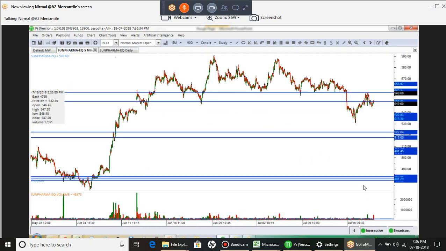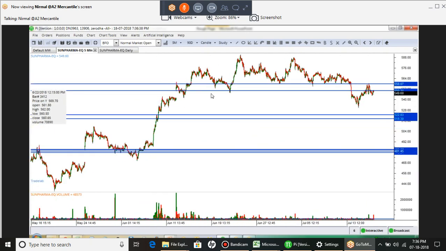if you look at this, when the price was rising, these were the levels, right? If you are shorting here, where is your positional target? Fixed support, right? This place.